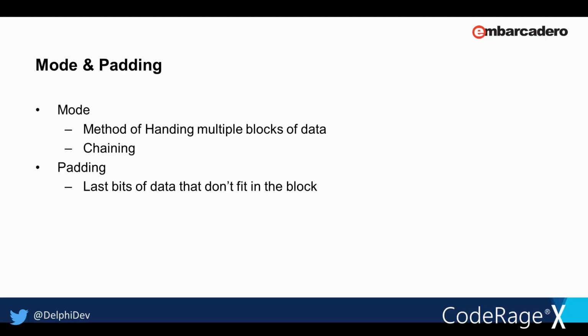Another word that's commonly used is chaining, and basically it allows us to combine all of those blocks together into a single encrypted result. Padding deals with the fact that we work with a fixed block size, and you're not going to have data that fits that block size all the time. So it deals with the last bits of data that don't fit in the block. And there are several different methods of padding out there.